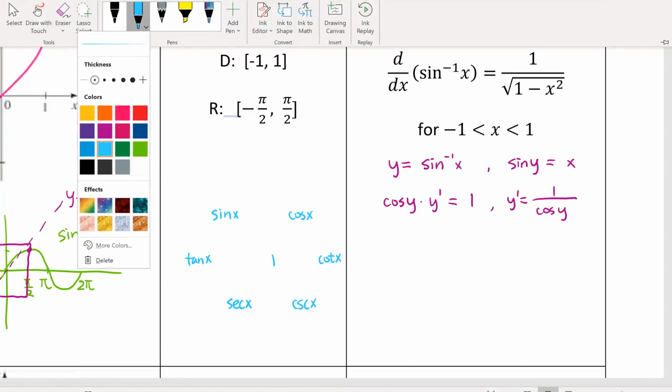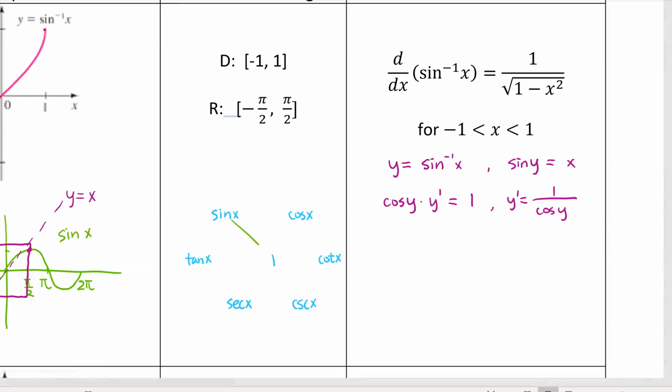And there are 3 diagonals. On the diagonals, the product of the two ends is the middle one. So sine x times cosecant x is 1. Secant x times cosine x is 1. Tangent x times cotangent x is 1.